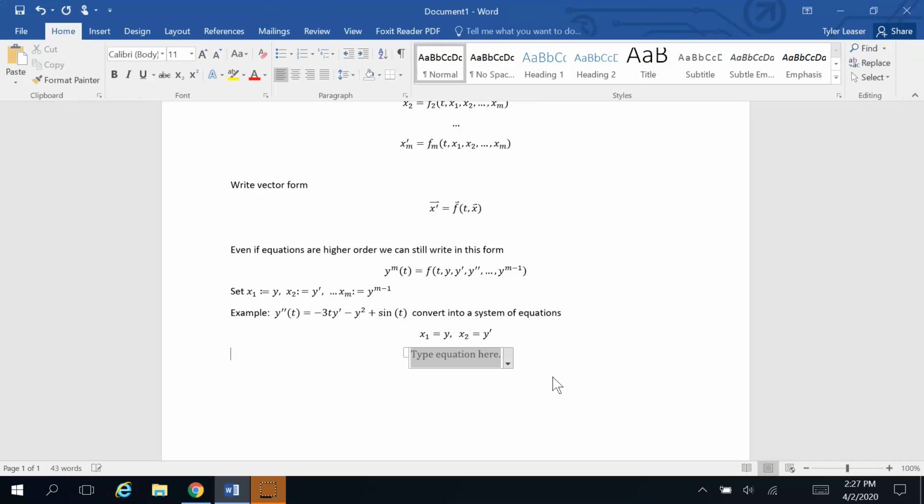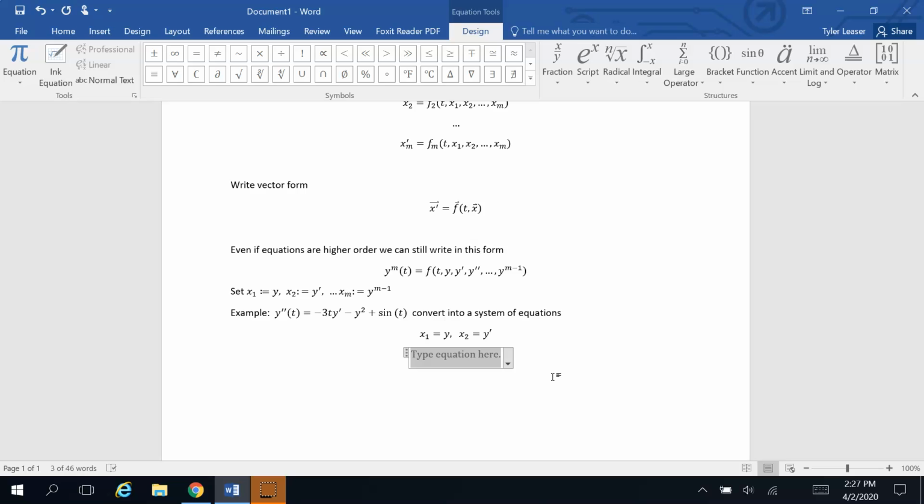And then what that means for us is that this gives us a system of equations. Because if I look at x sub 1 prime, x sub 1 prime is just going to be equal to y prime, just taking the derivative of both sides. X sub 2 prime, that would be equal to the second derivative of y, but we already know what the second derivative of y is equal to. It's equal to all of this stuff up here.